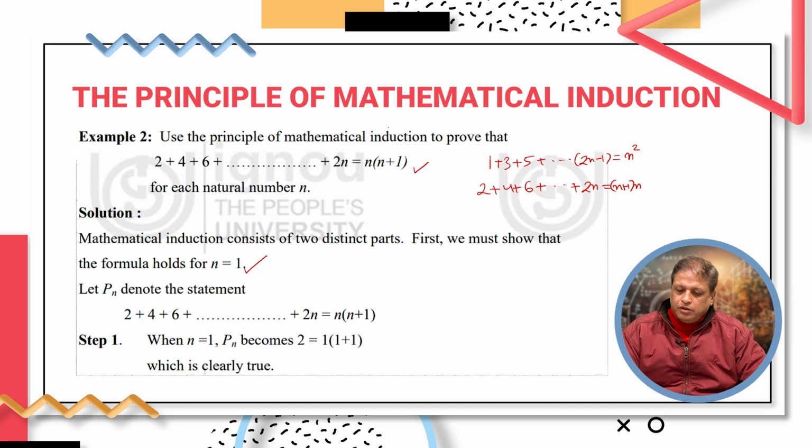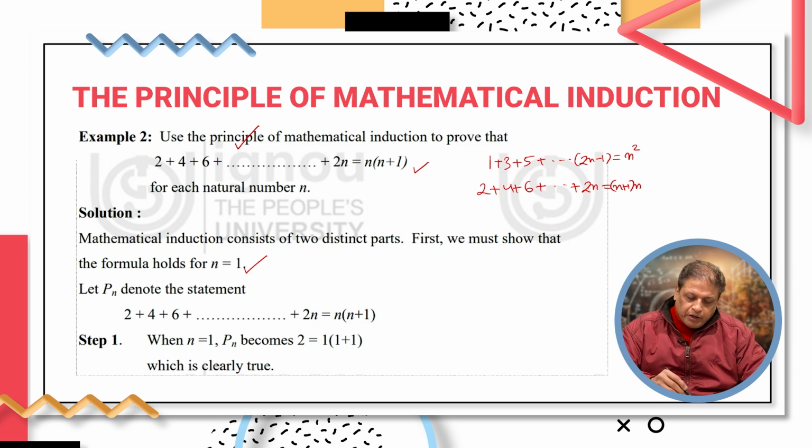So, in this case we are expressly using the principle of mathematical induction. Over here we are supposed to verify whether the statement is true when n is equal to 1, and for the nth term and for the n plus 1 term.